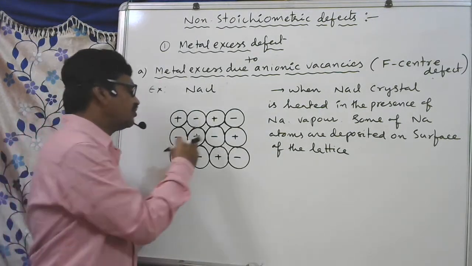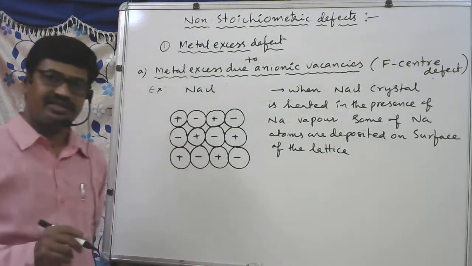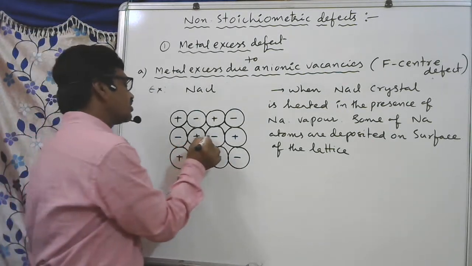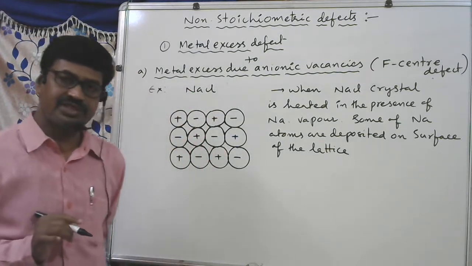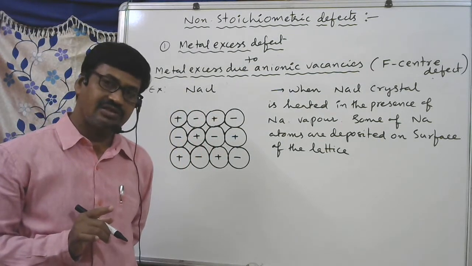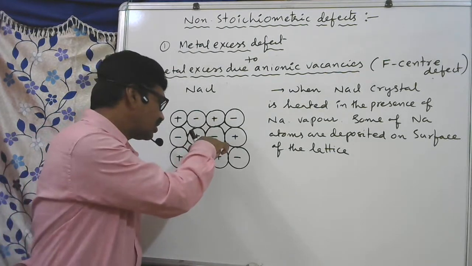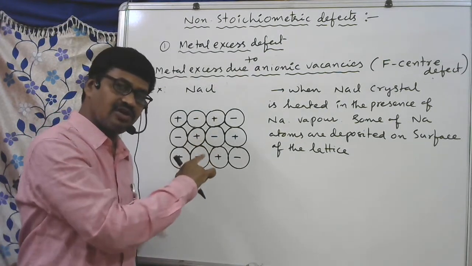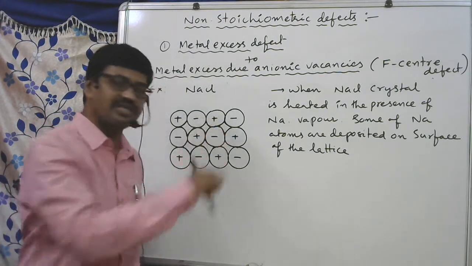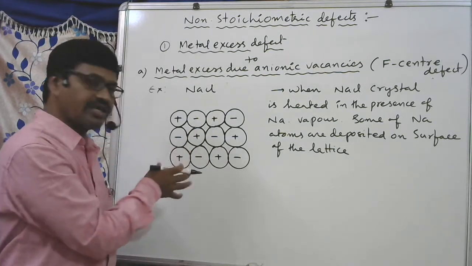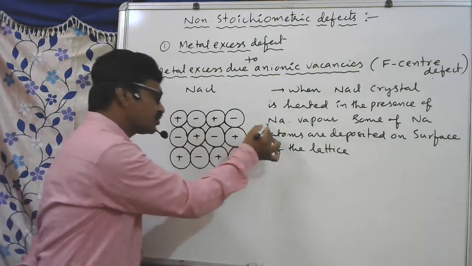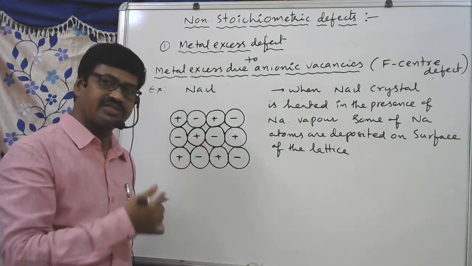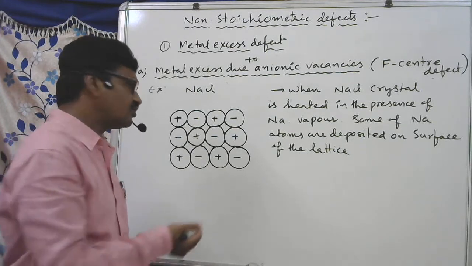Then see, for example, this is a negative charge ion, meaning Cl minus ion. Whenever it is heated in the presence of sodium vapor, some Cl minus ions from the lattice escape from the original site. Missing of Cl minus ions takes place whenever the sodium chloride crystal lattice is heated in the presence of sodium vapor. Some of the Cl minus ions from the lattice are missing and they enter the surface.